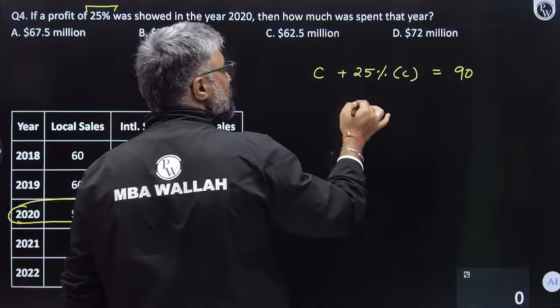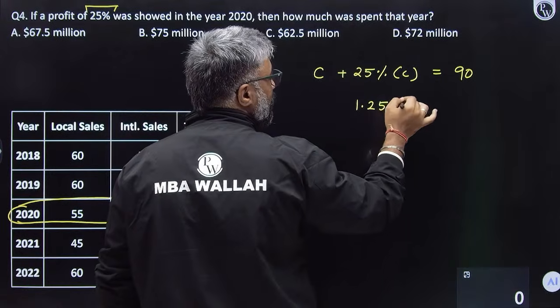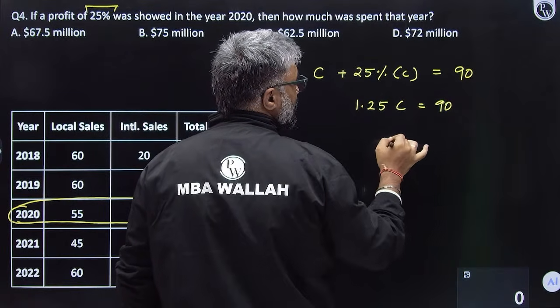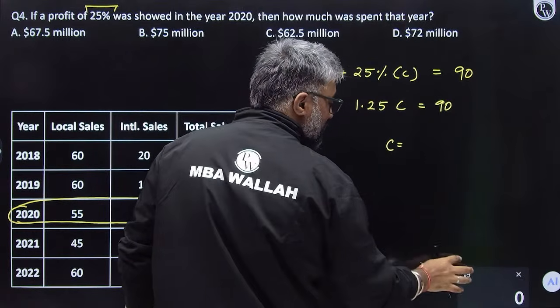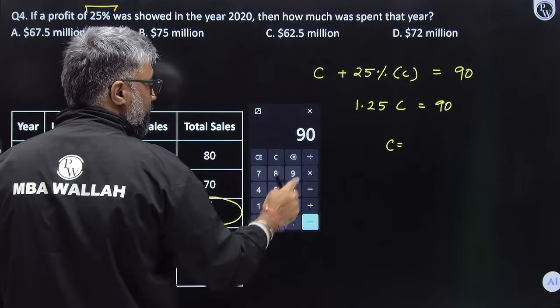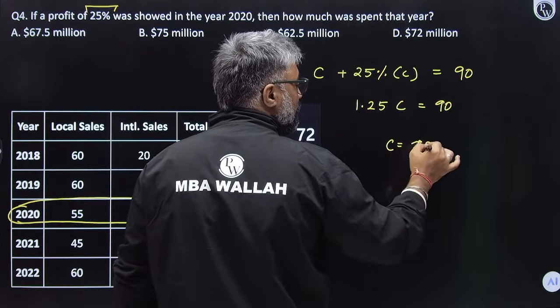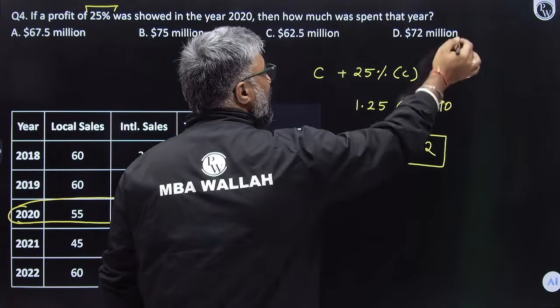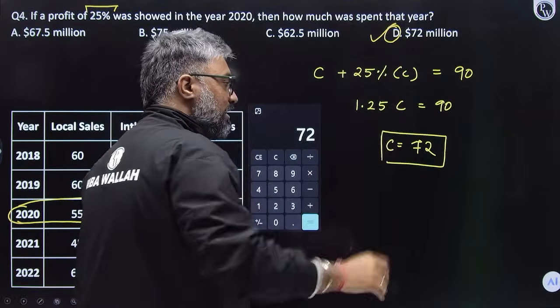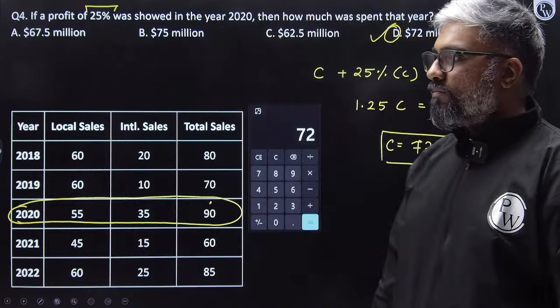So how much is this? 1.25 times C is 90. So C would be 90 divided by 1.25. Simple question, which is 72. Do I have 72? Yes, I have. Option D, 72 million. Clear, everybody?